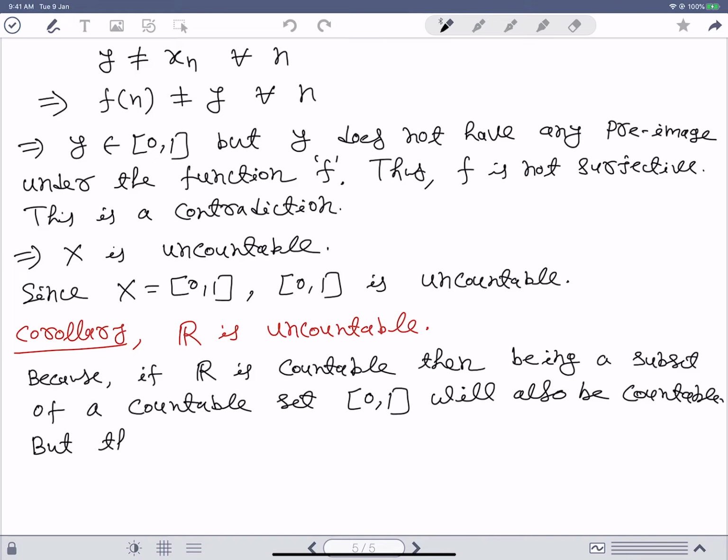But this is a contradiction. Therefore, the set of real numbers R is uncountable.